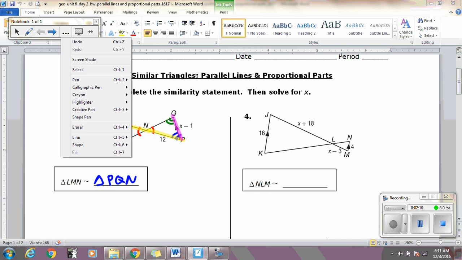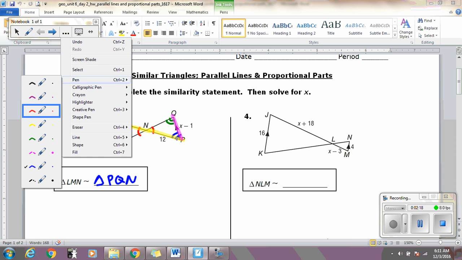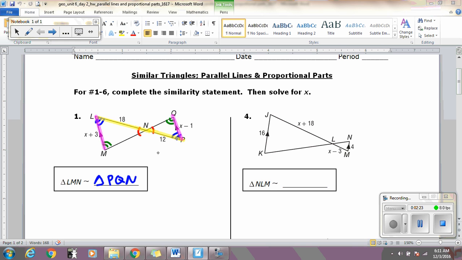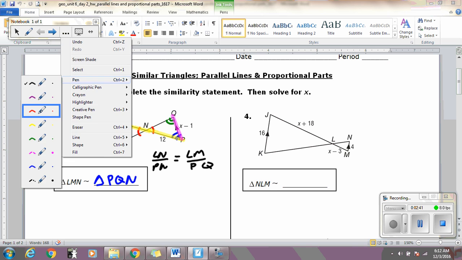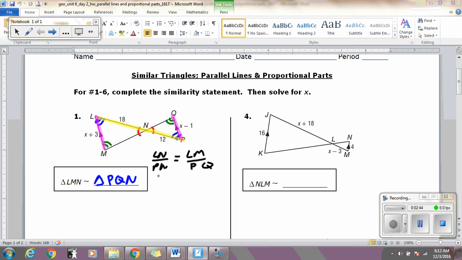So now that I know that those are proportional, I'll write out the ratios. So again, I said LN is to PN as LM is to PQ. So when I enter the values that they provide us, I have my proportion and I can solve it. So that's 18 over 12 equals x plus 3 over x minus 1.